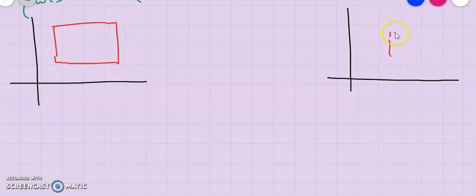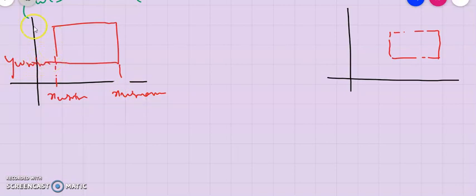And this is the viewport somewhere here. So this becomes xw minimum, and this is your xw max, your yw minimum, and your yw max.